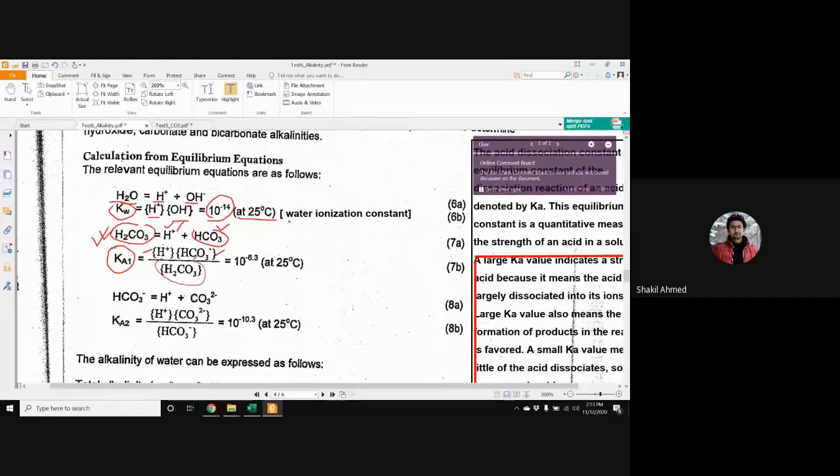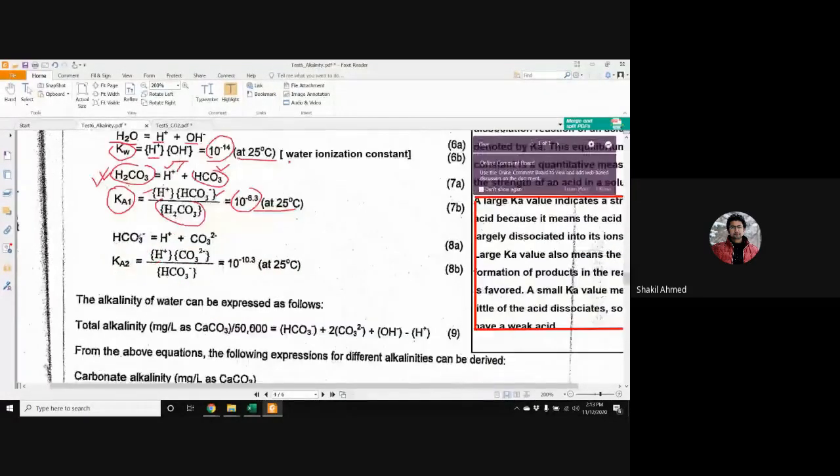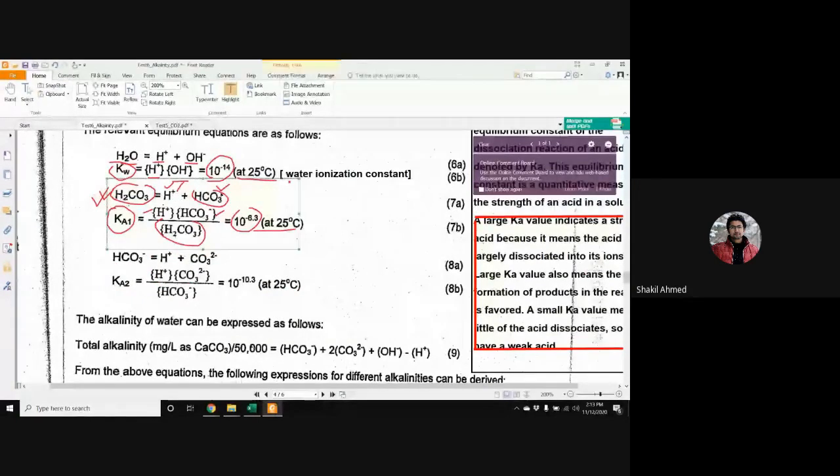At 25 degrees Celsius, this is 10 to the power minus 6.3 for carbonic acid H2CO3. Again, this HCO3 minus dissociates to give you hydrogen ion and carbonate ion. And again, you can have a constant. This is hydrogen ion concentration, carbonate ion concentration, and bicarbonate ion concentration. This is 10 to the power minus 10.3 at 25 degrees Celsius.